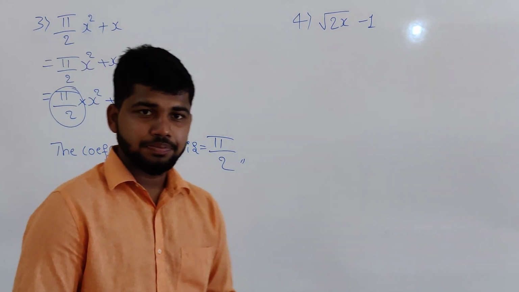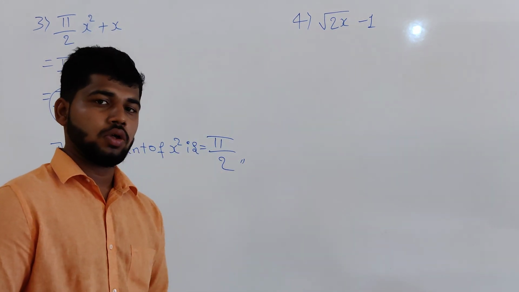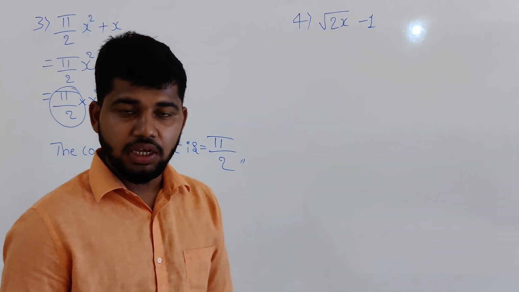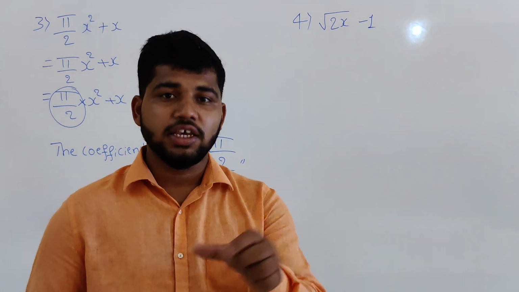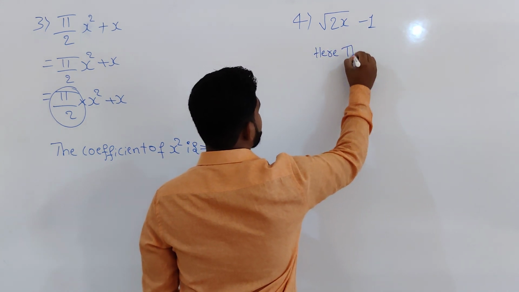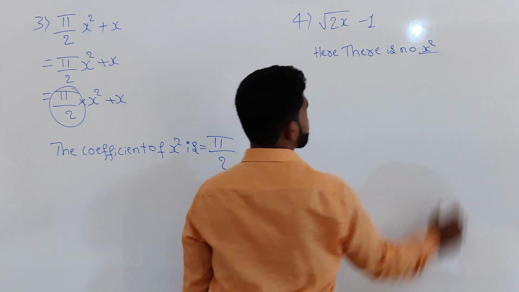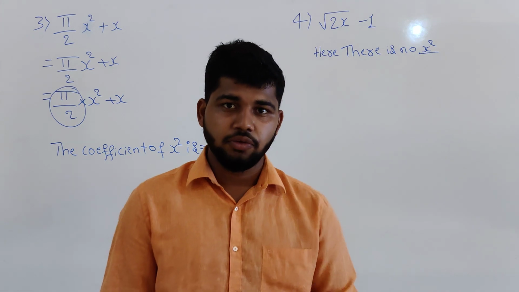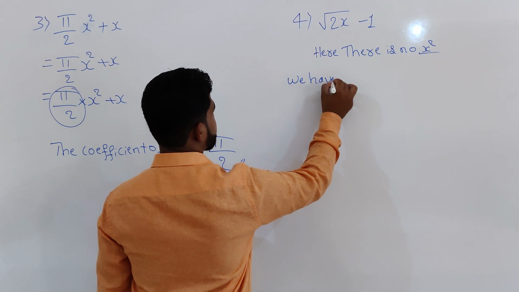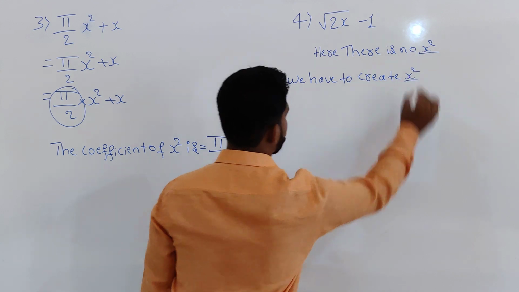Now look at the fourth problem: root 2x minus 1. Here root 2x is the constant. There is no x square here. We have to create x square.